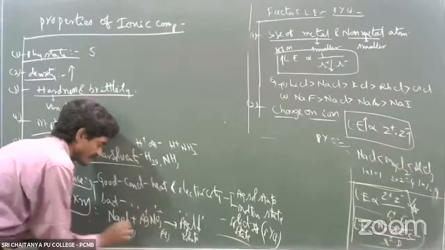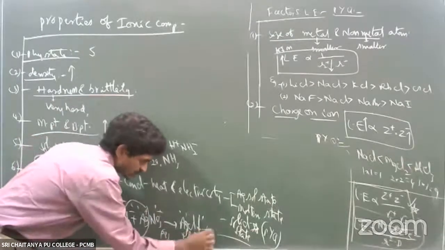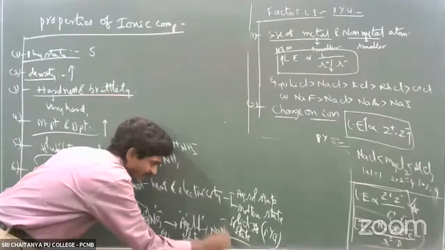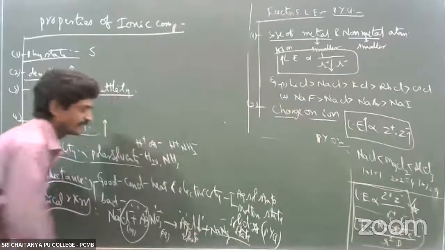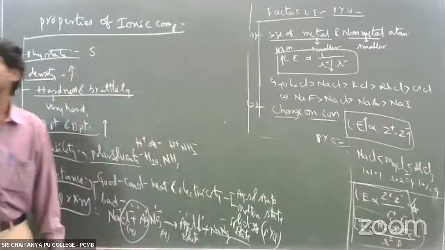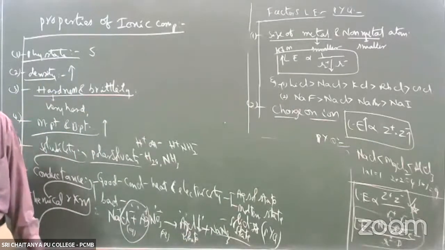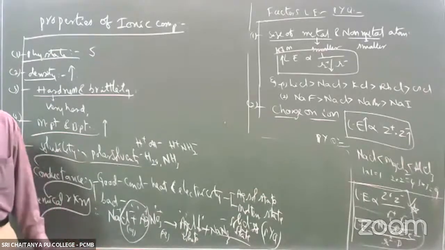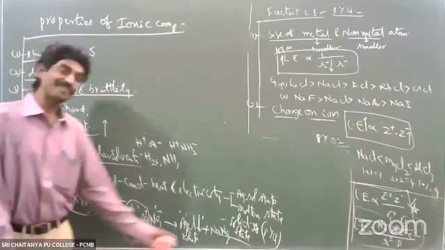Ag+ NO3- and Na+ Cl- combine, and AgCl and NaNO3 are formed. AgCl is formed as a white precipitate, within a fraction of a second. That is how very fast it is. Why?